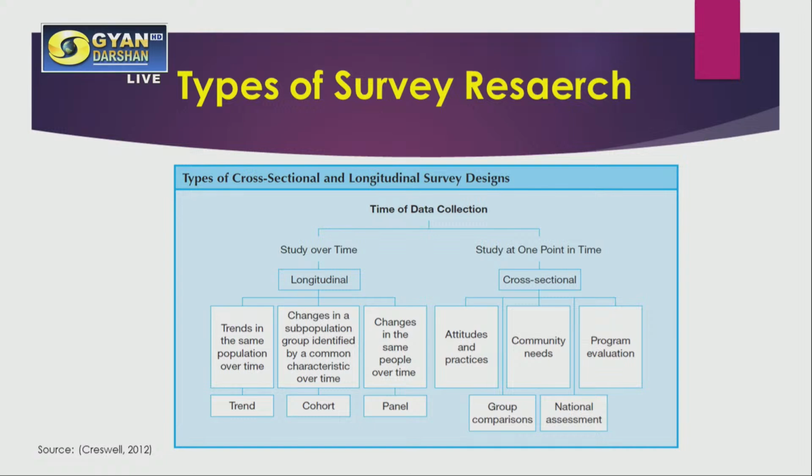The same sample you will be studying in 2025 also. So see, we are studying a group of people, samples, over a 3-year period in 2023, 2024 and 2025. If that is the kind of design you are using, that is what we call the panel survey design, panel longitudinal design.